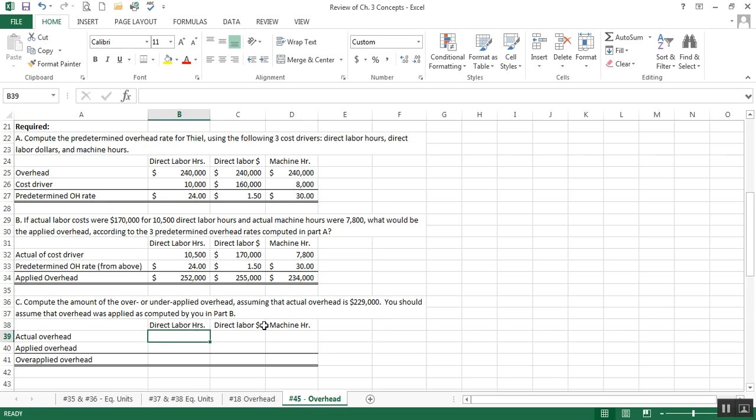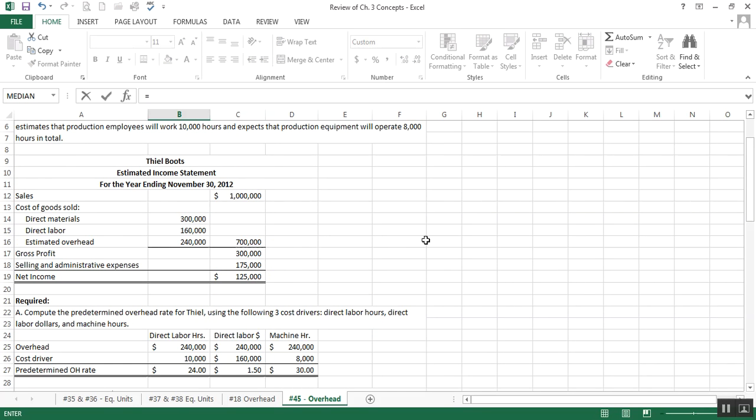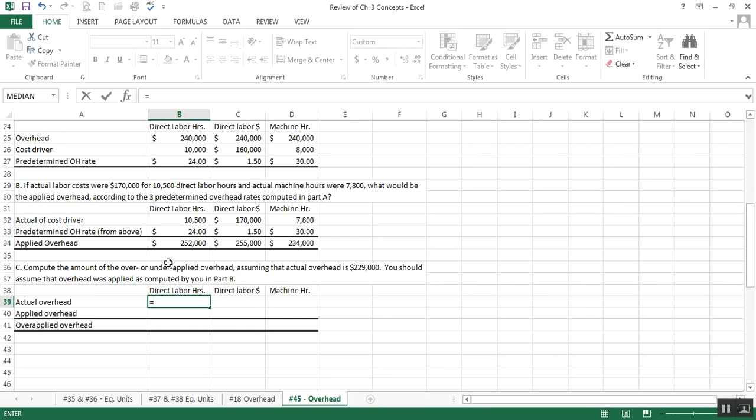So let's compare our actual overhead versus our applied overhead for each of the cost drivers. So our actual overhead in all of these cases is $229,000 per Part C.